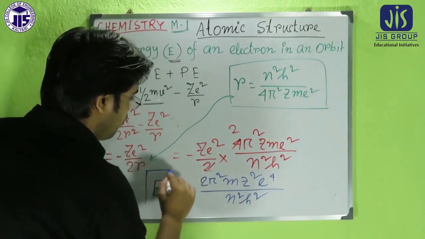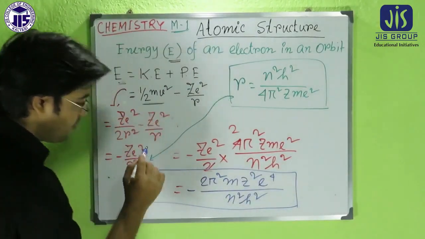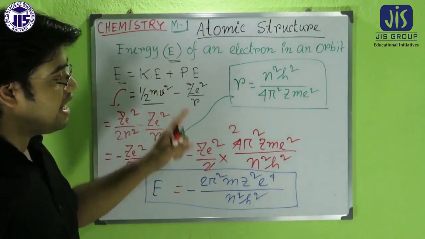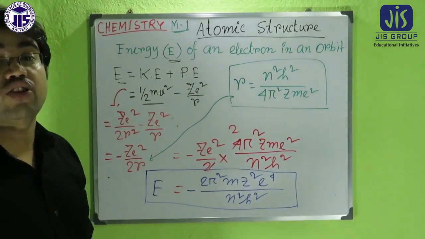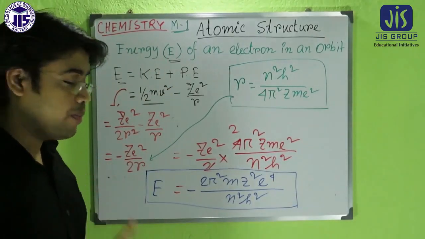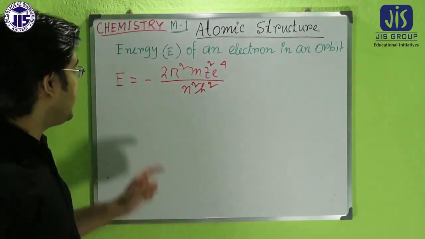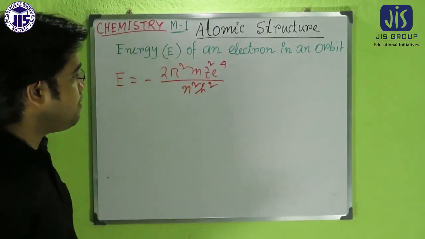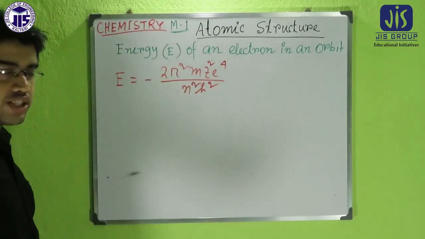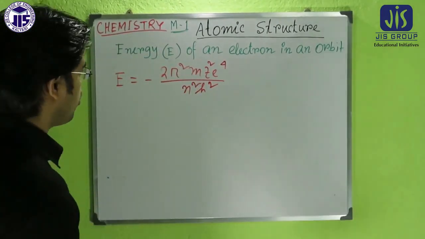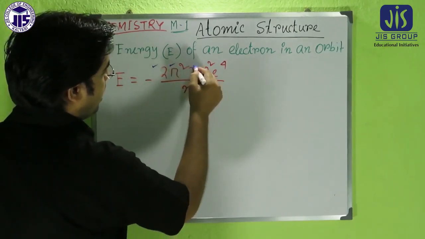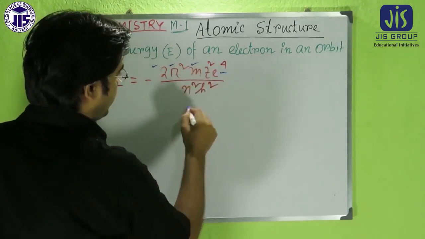So this is the final expression for the energy of an electron when the electron is in a particular orbit. So finally we'll get that equation, energy equals minus 2 pi square m z square e to the power 4 by n square h square. Now like the previous case also, if you check, all the other terms are almost constant.